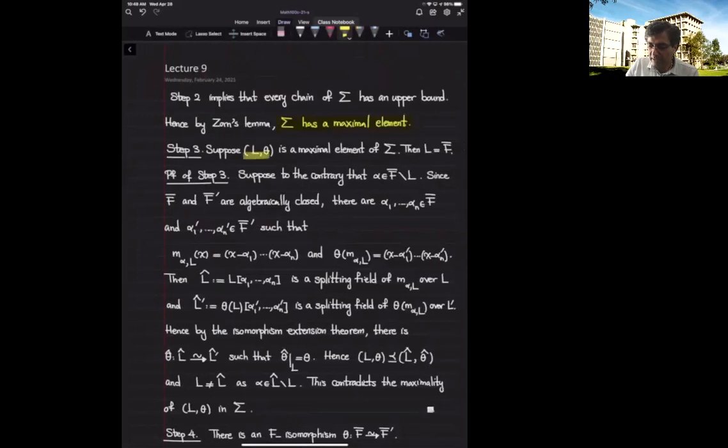Suppose L comma theta is a maximal element inside sigma. I want to show that L is precisely F bar. Okay, so suppose to the contrary, this is not the case.